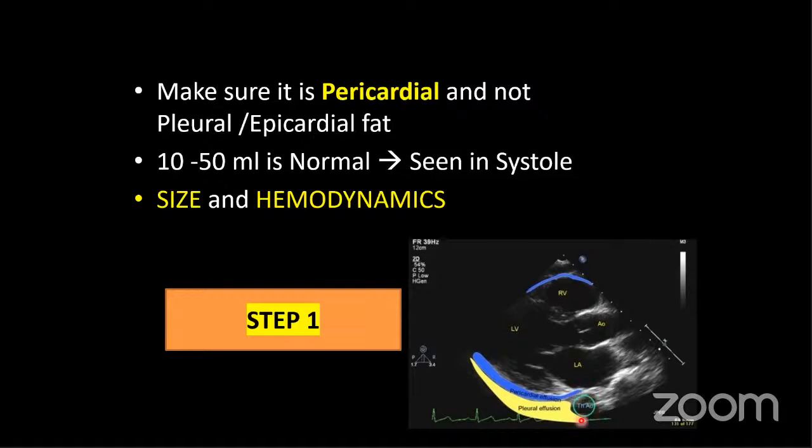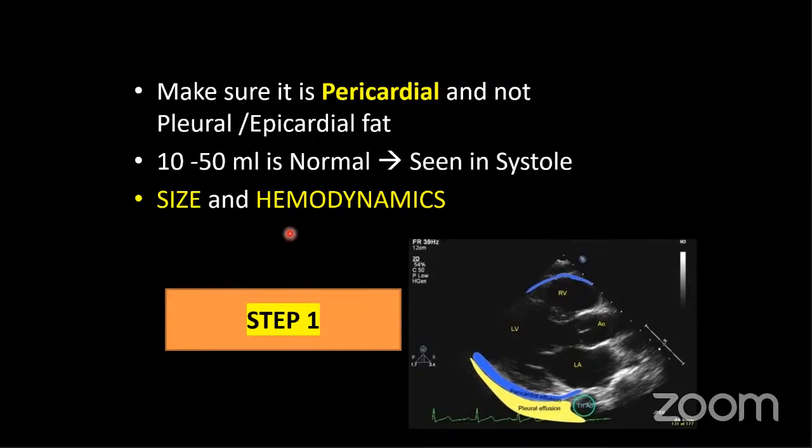If the fluid passes through the thoracic aorta like this, that means it is a pleural fluid. If it does not pass, if it ends at the beginning of the thoracic aorta, at this point, that is only a pericardial fluid. So that is how you differentiate pericardial and pleural. Pleural will go beyond the thoracic aorta, and pericardial will not go beyond the thoracic aorta.